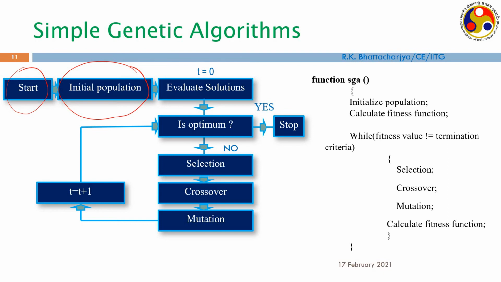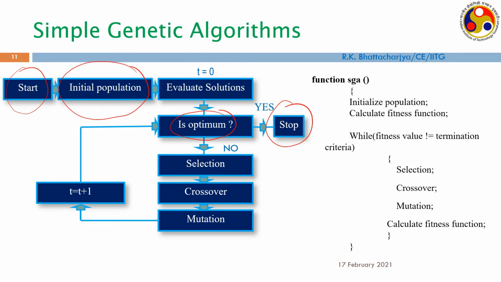So once you have the initial population, evaluate how good the solutions are, based on the objective function value. Then there is a criterion: is it an optimal solution? If yes, then stop, and you declare that you have got an optimal solution.